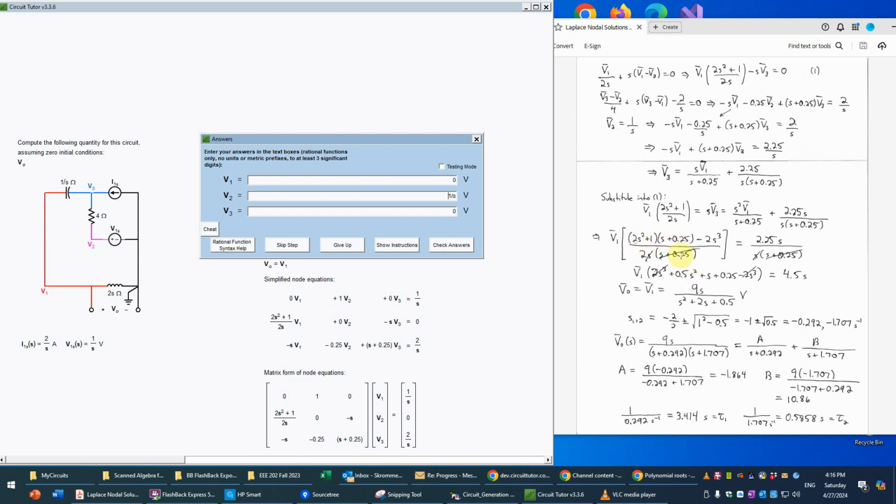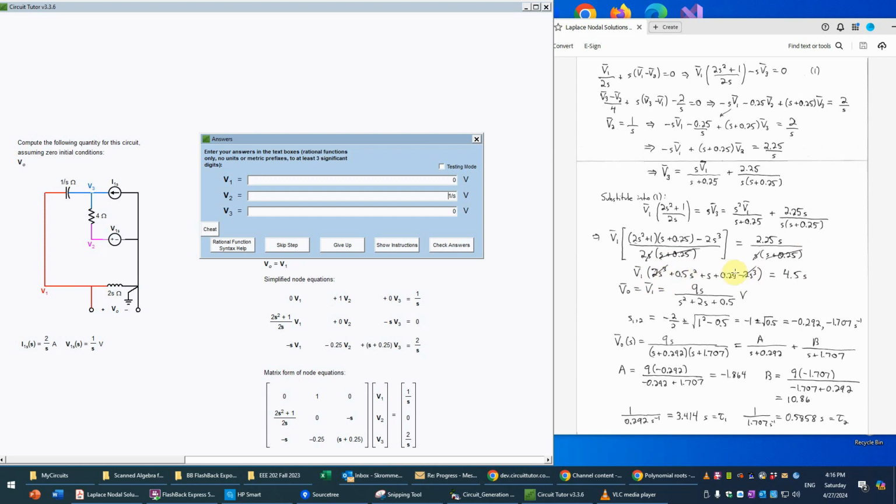The s times 1 is just s, and the 1 times 0.25 is 0.25. Then we're still subtracting the 2s cubed. And we're going to take this 2 and multiply it over to the right-hand side, so the 2.25 becomes 4.5 s here. Now I notice that the 2s cubed minus 2s cubed cancels out, which is nice, so we don't have to factor a cubic equation.